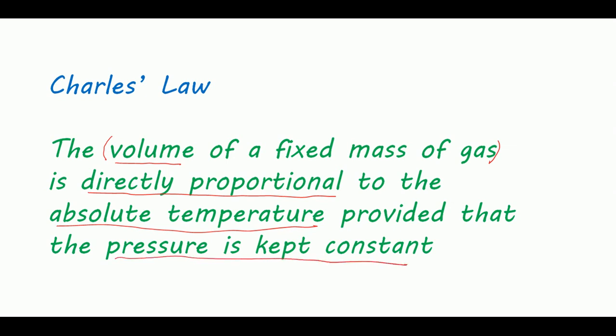So mathematically, what we are saying is that the volume of a gas is directly proportional to its absolute temperature, right? If we remove the proportional sign, this becomes V is equal to K multiplied by T, where K is a constant, right?